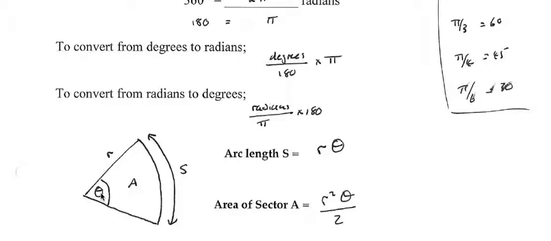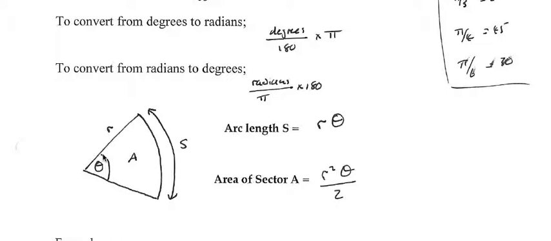So theta over 360 times 2 pi r, that fraction of the whole circumference, would have given me s. Well, now if I do theta out of 2 pi in radians times 2 pi r, the 2 pi's will cancel, so the formula for the arc length is really quite simple. It's just r theta when theta is given in radians.